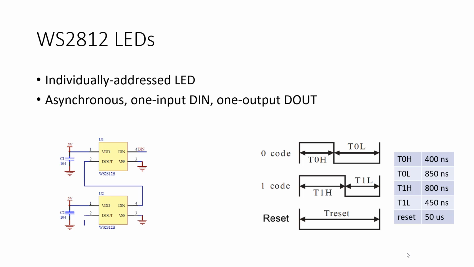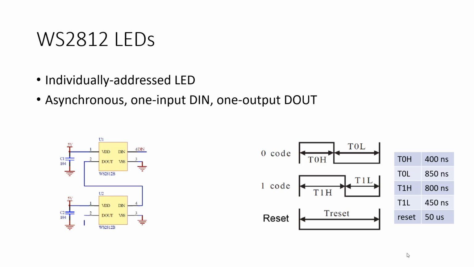So these use an asynchronous bus protocol. And the idea is that you send bits through here in a way that are modulated using these pulse widths, very similar to the Manchester coding I mentioned earlier, but it's a little different.